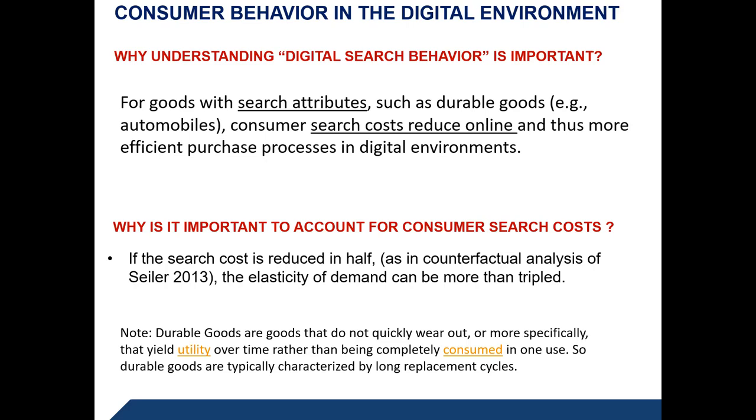On the other hand, there are goods like apparels, clothes, which are very difficult to judge in the online environment. Those are called experiential goods. Any other products that you can think of are experiential goods, which would be difficult to try in the online environment or for which the search costs are high.